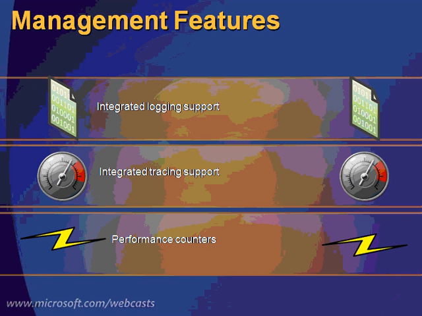The performance counters allow us to catch and see, through the Perfmon tool, performance monitor, different counters as different events are happening as the service is running. Whether we use this alone or together, all these management features make it much easier for us to create a high level of availability for the services that we're developing.